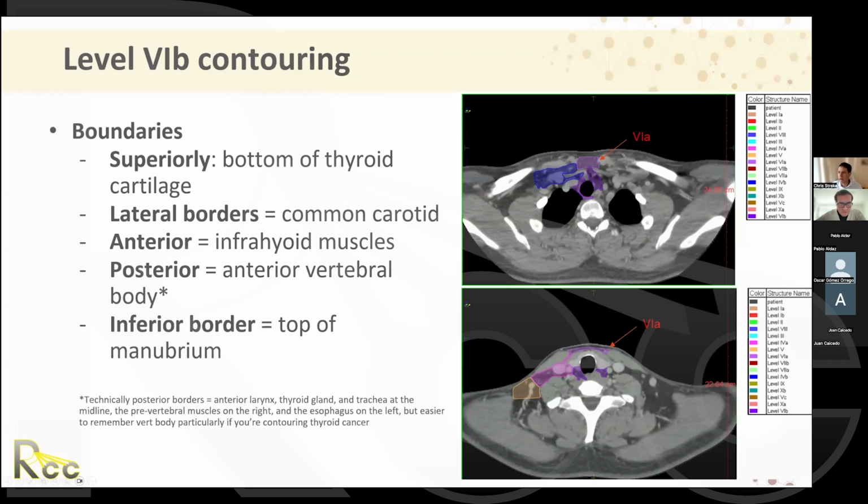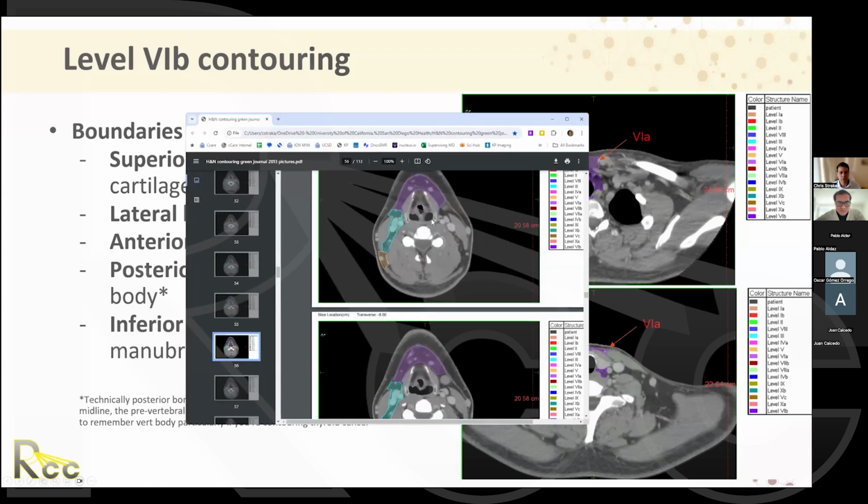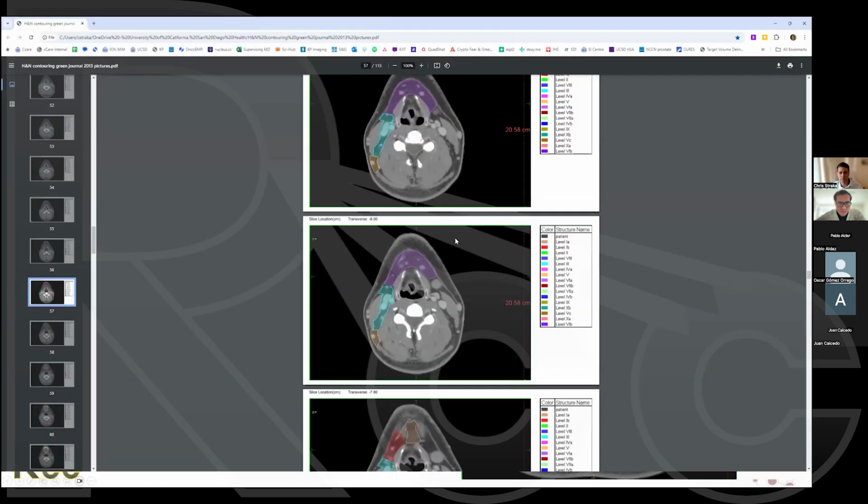What I'm going to do now is bring over a list of nodal contours. I've linked to this at the end of the slide deck, but this is a Green Journal article that came out about 10 years ago, and I think it's still the gold standard.